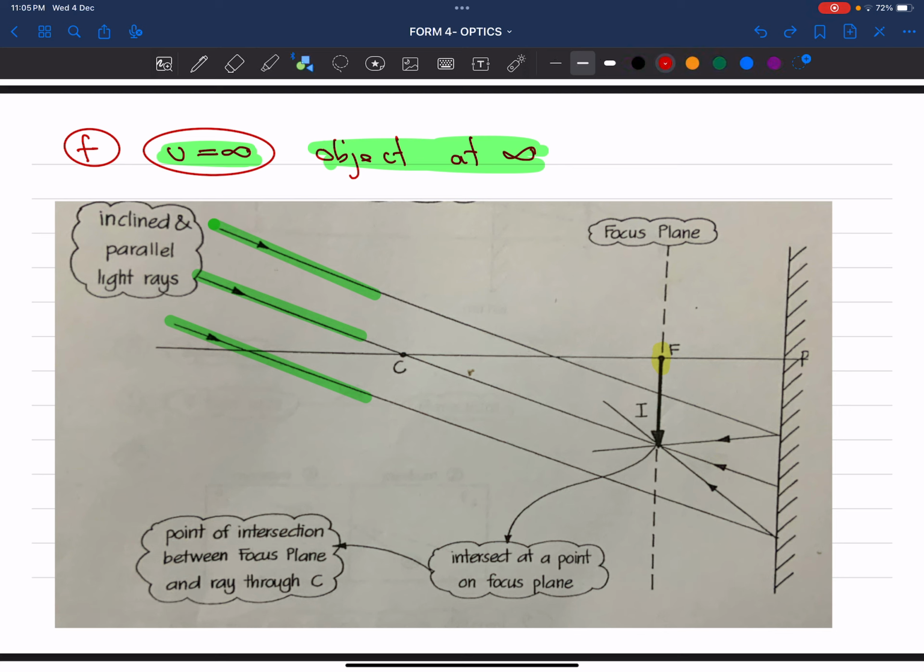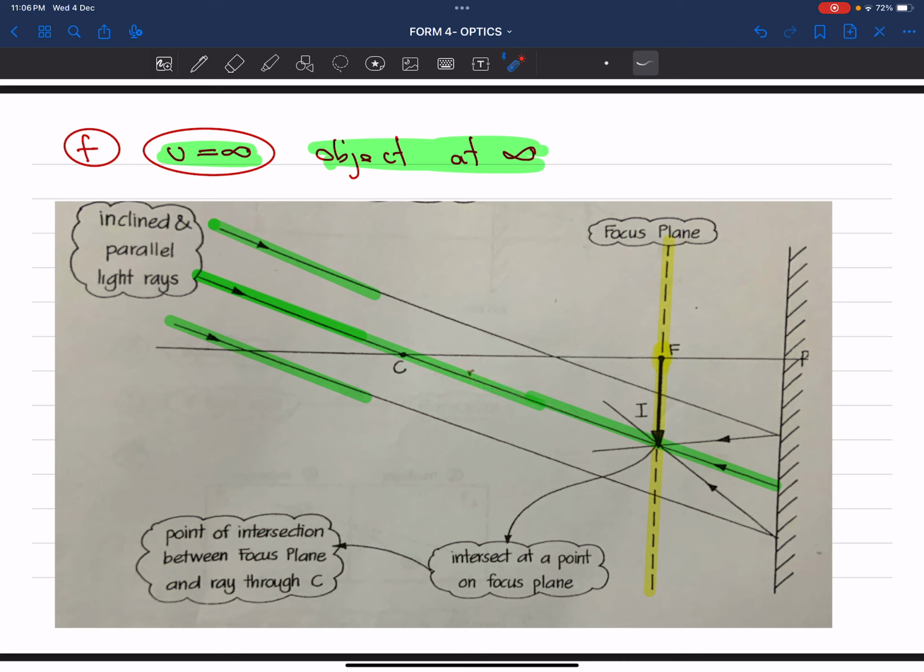Okay, the next thing we are going to do is take the ray that is going through the C, the center of curvature, and draw it until the mirror. Take the light ray that must go through C until it reaches the mirror.